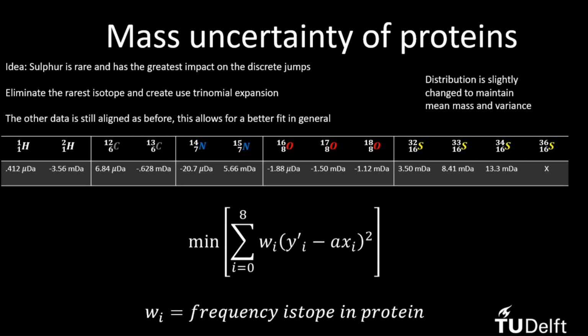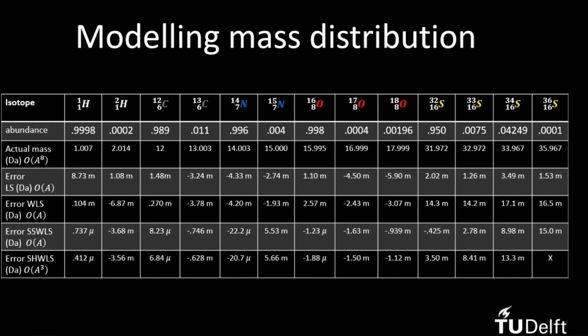Now, here we have some results on how well that actually works. So first we of course have the isotopes, then the abundance, then we look at what the actual mass will be in daltons, and you see that it has a complexity of order A, where A represents the number of atoms.